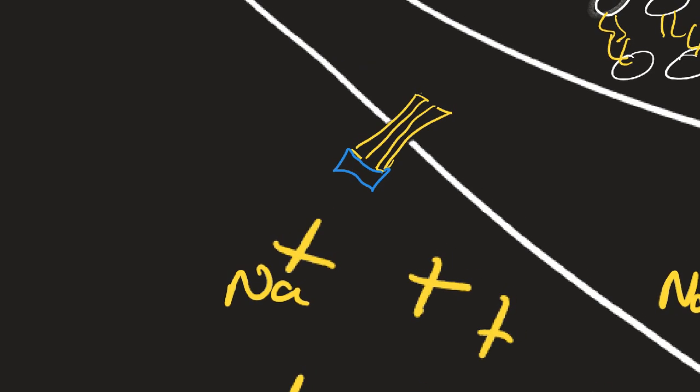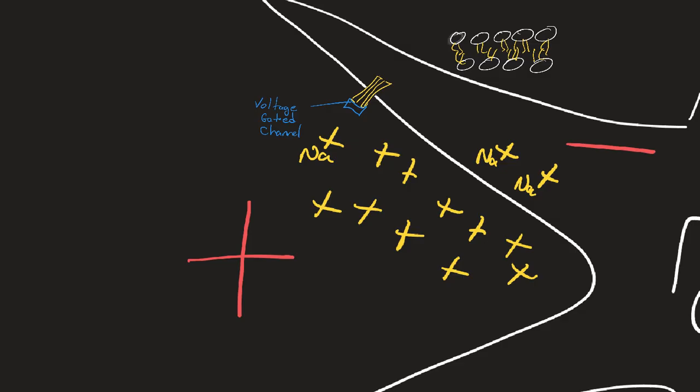This is what's called a voltage-gated channel. All right, so the only way this gate opens is if the voltage changes.